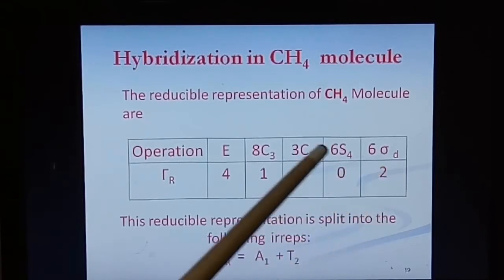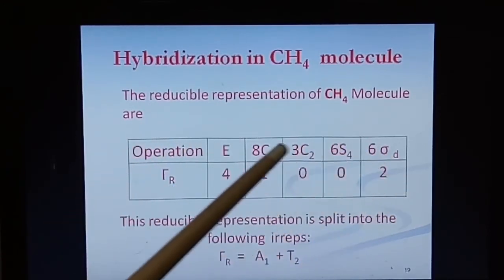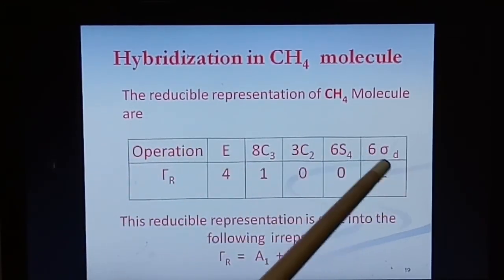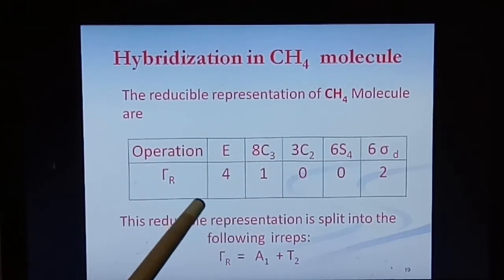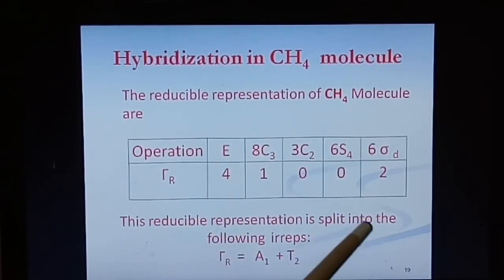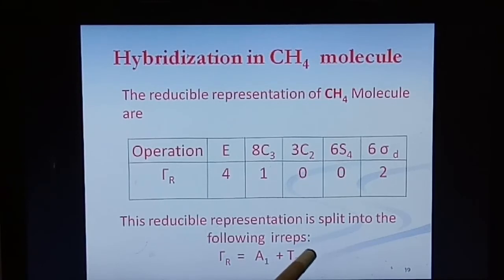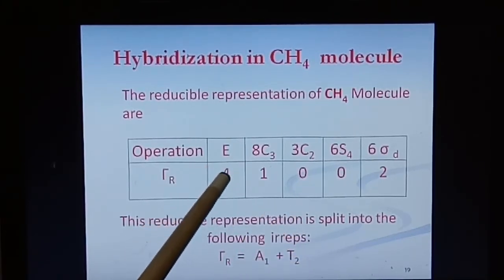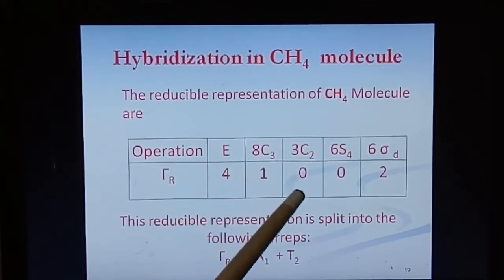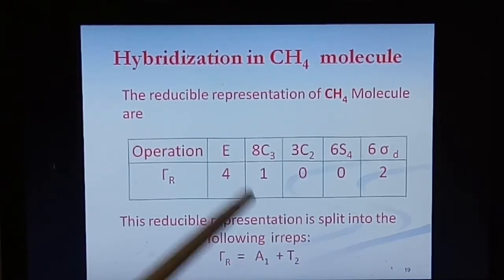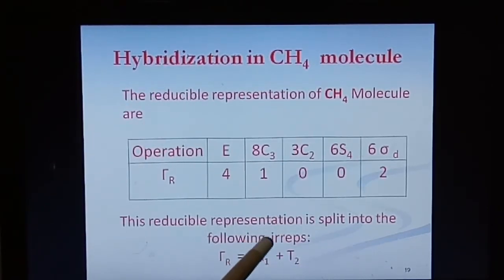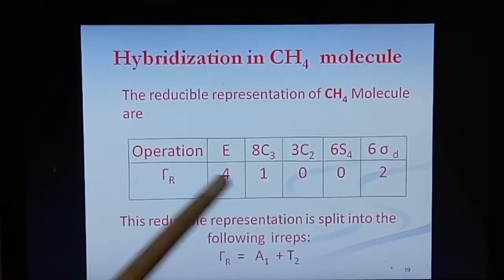So these are the reducible representations of the 4 sigma bonds or 4 vectors. This reducible representation can be split into irreducible representations by the formula. So the irreducible representations will be A1 plus T2.